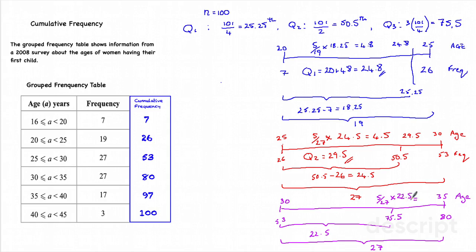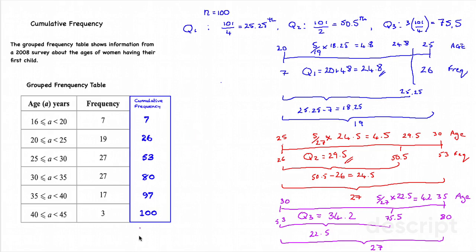That will give me 4.2. I need to add that onto my 30, so Q3 will be 34.2. Again, on my graph, I read 34. So I was close on the graph, but these are more accurate.